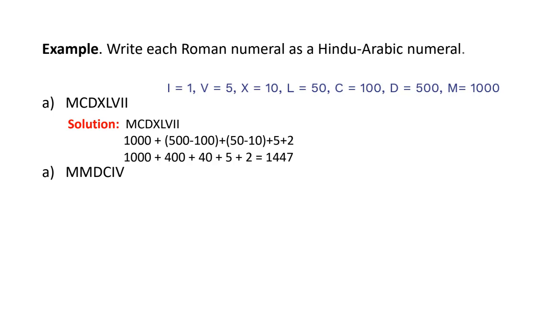So again, now these are actual letters. So this is going to be I represents 1, V is equal to 5, X has a value of 10, L is 50, C is 100, D is 500, and M is 1,000.